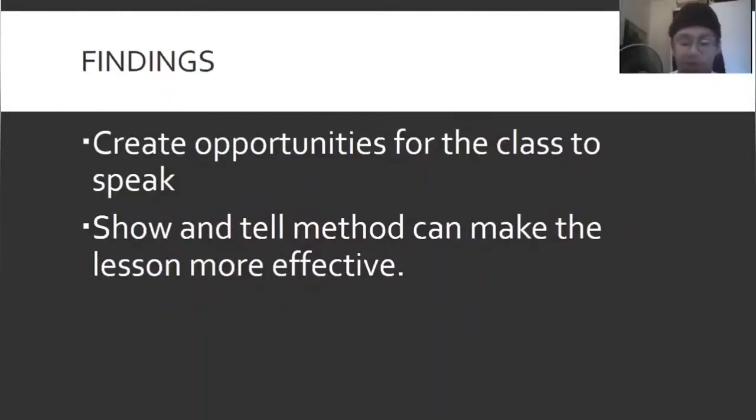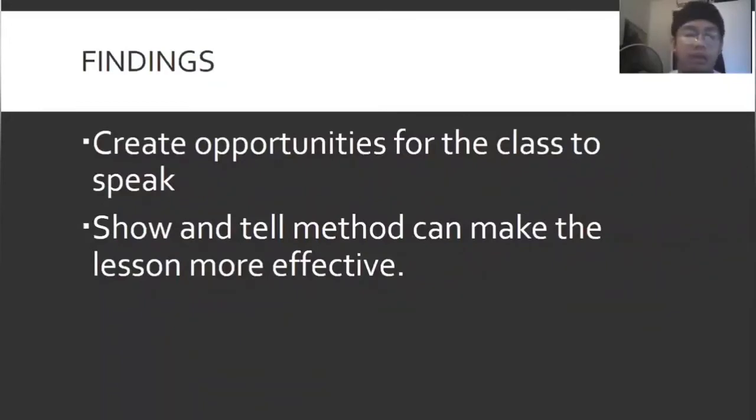In order for the learning to be effective and in order for the students to understand the lesson for that day, the students have to speak and not only rely on what the teachers are trying to say. And this also can make the lesson more effective, by using the show and tell method.